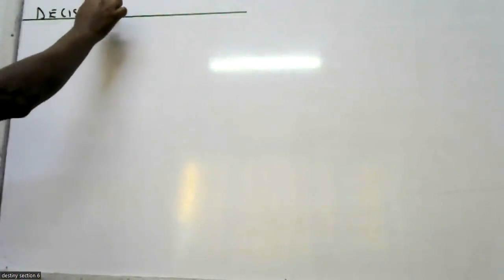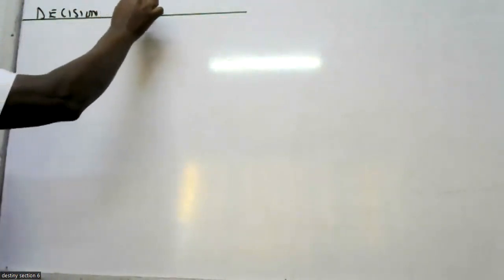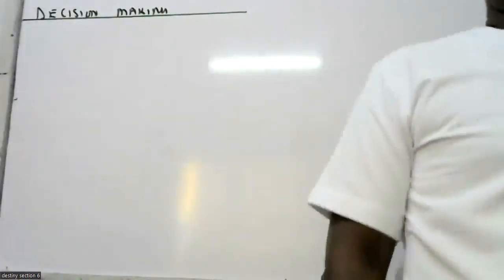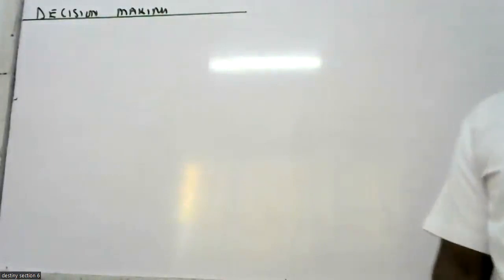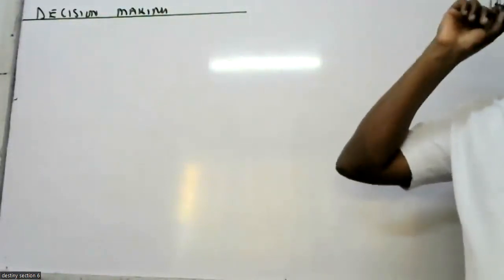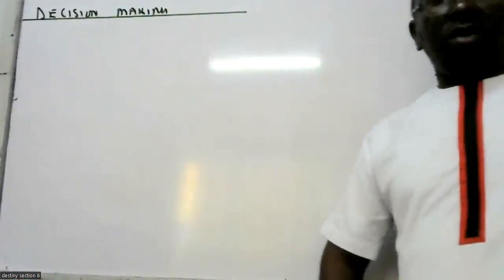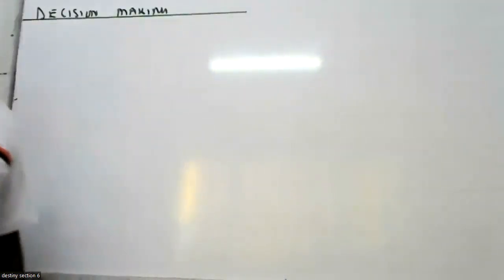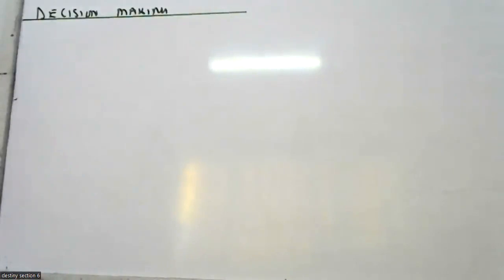Now, decision making is highly connected with probabilities because it is about a choice of more than one possibilities. And when you have more than one possibilities, you have been talking of probabilities.